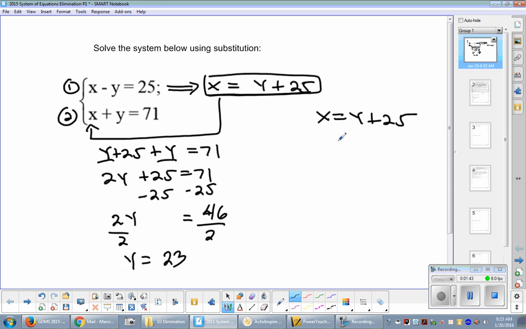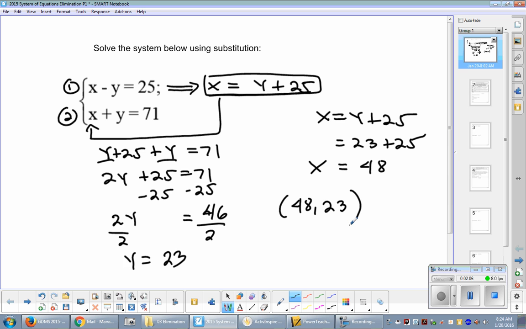So y is equal to 23. I just replace y by 23. 23 plus 25 should be 48. Okay. So our solution is now 48 comma 23.